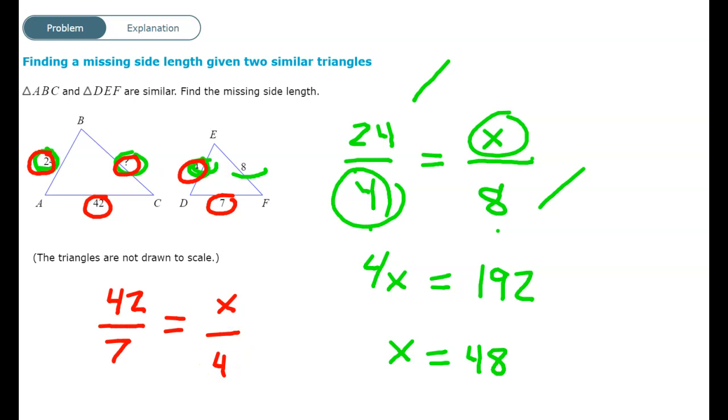And it really wouldn't matter if this 24 over 4, maybe you decided to do 4 over 24. That would work too, as long as you did 8 over x, okay? Because when we cross multiply, we're still going to get 4x this way. So a bunch of different ways. Okay, let's move on down to the next one.